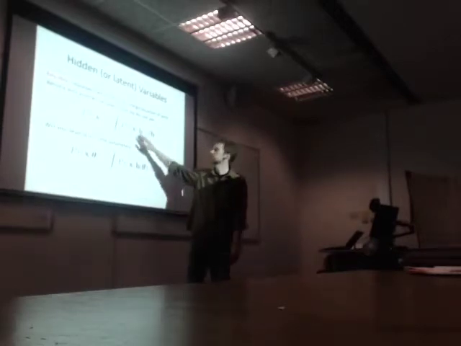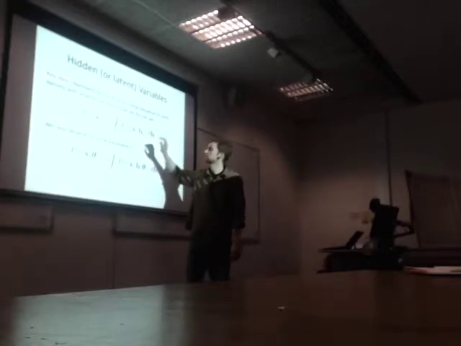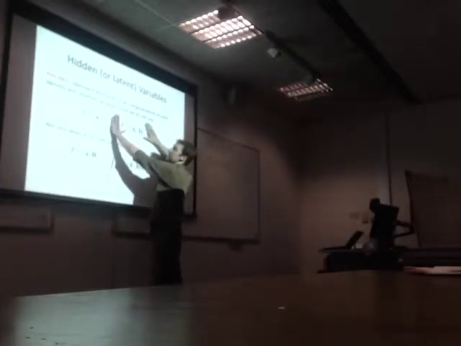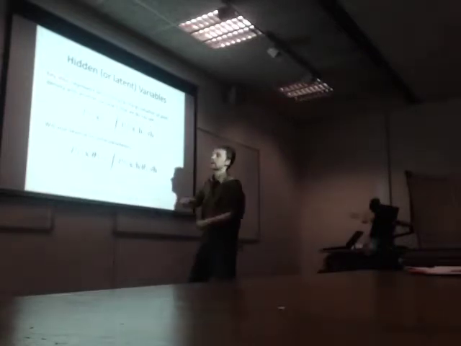I could integrate out all the different versions of h. In the last picture I had 3 of them, so I would be summing, and then I'd be left with just probability of x, if I had this joint probability of the x and the h variable.